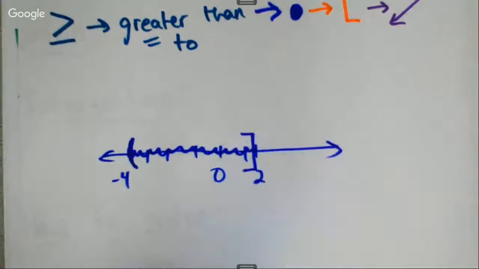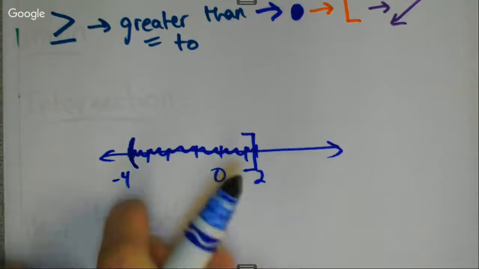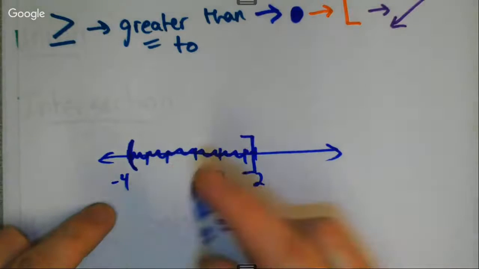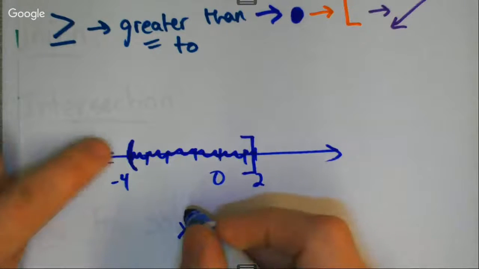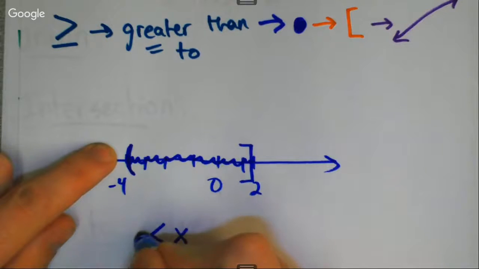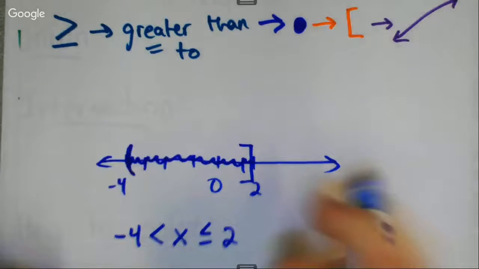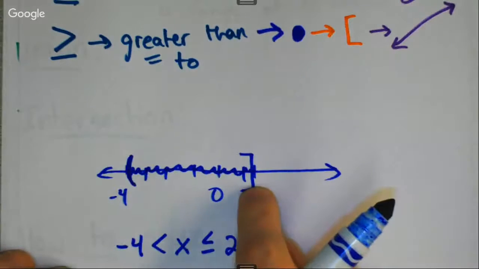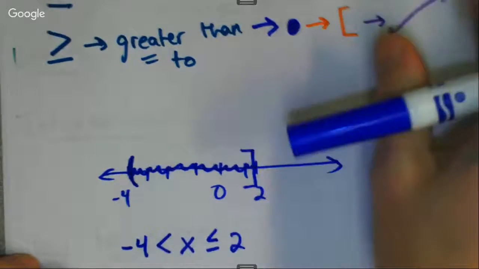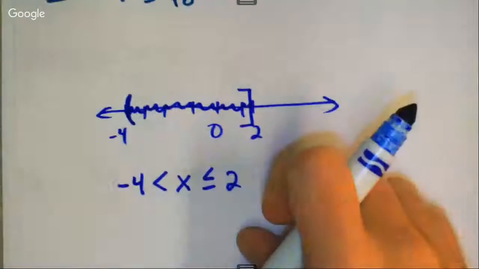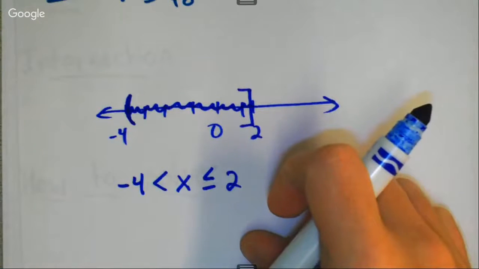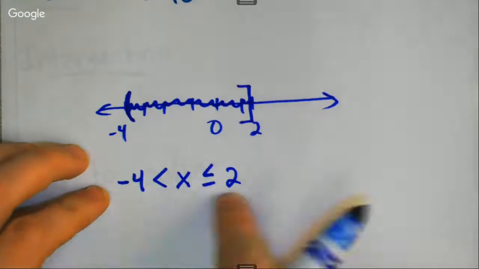Okay. That tells me that my x value has to be greater than -4, but less than or equal to 2, because the less than or equal to was the bracket and the parenthesis was the greater than. Okay, and this is called a double inequality.